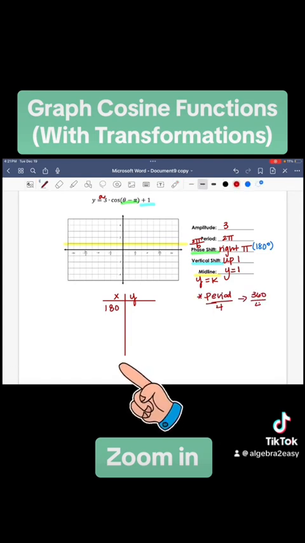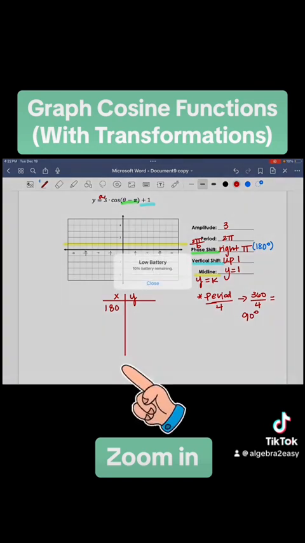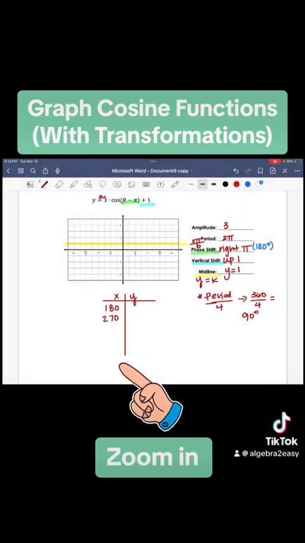So we are going to have 90 degrees, so we're going to be counting by 90 each time. So 180 plus 90, 270. 270 plus 90, 360. 360 plus 90, 450. And 450 plus 90 is going to be 540.